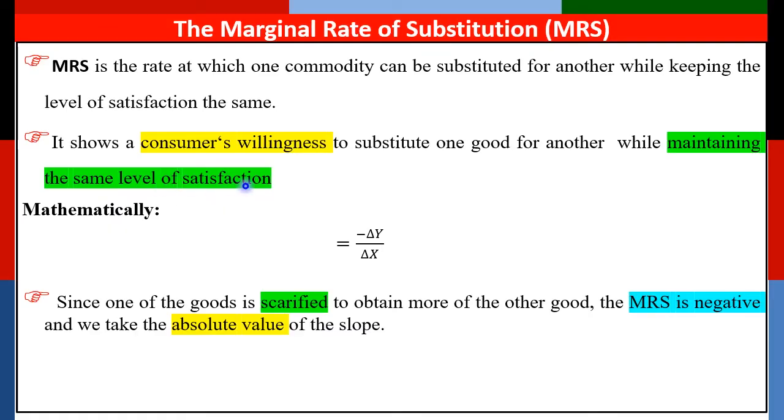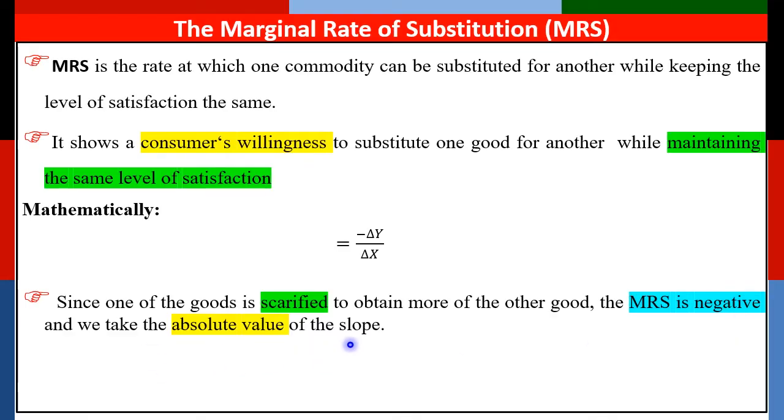So mathematically we can express the marginal rate of substitution as: marginal rate of substitution is equal to negative delta of y over delta of x. Since one of the goods is sacrificed or given up to obtain more of the other good, the marginal rate of substitution is negative, and we take the absolute value of the slope.